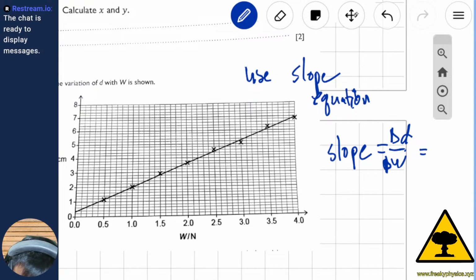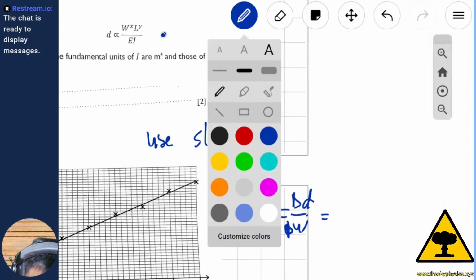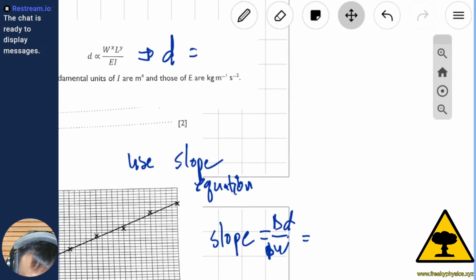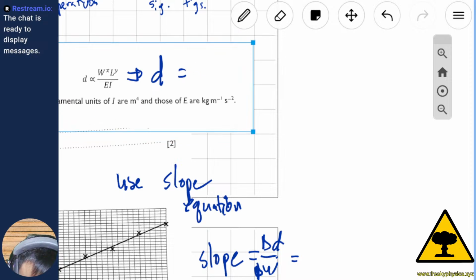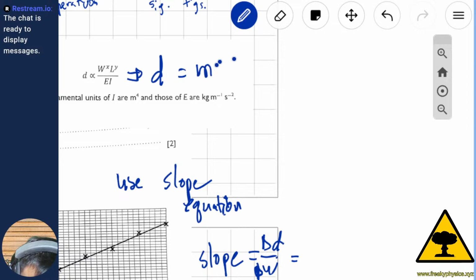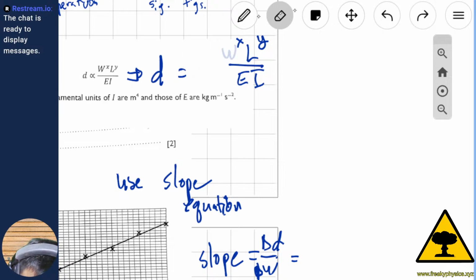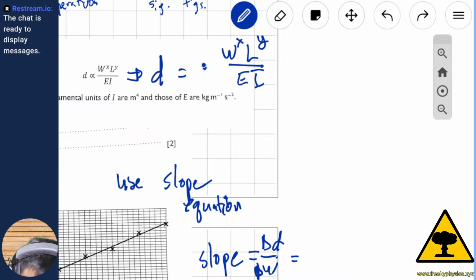Okay, the slope, we can now compare this to the actual equation. So we can say here that d is equal to some number, let's just use m, then w raised to x, l raised to y, all over EI. Actually, I'm not going to use m, I'm going to use k. So this is k.